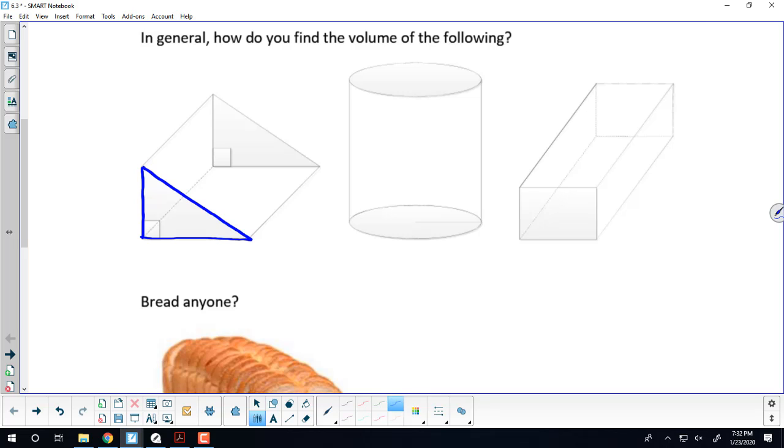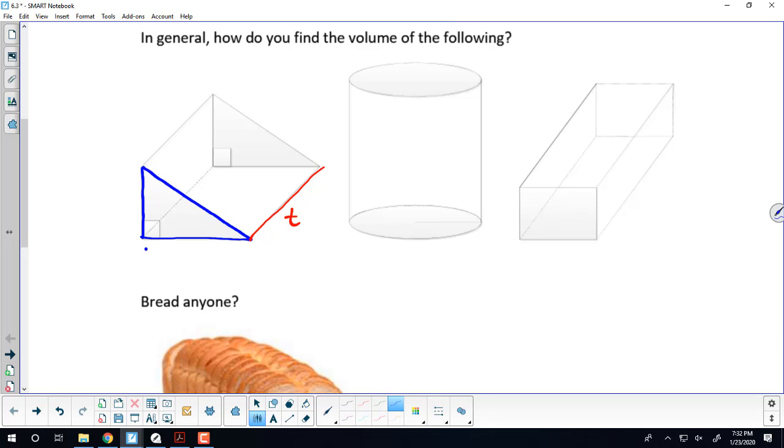Right? If I slice into this prism this way, they're all going to be these right triangles. So the way we can look at the volume of this thing is we can consider this a thickness. We'll call it T for thickness. And we'll calculate the area of the face and then multiply it by its thickness to get the volume.